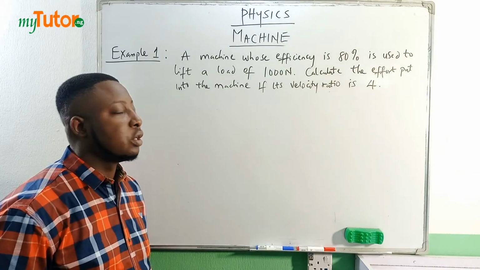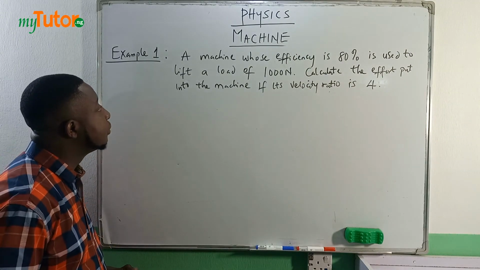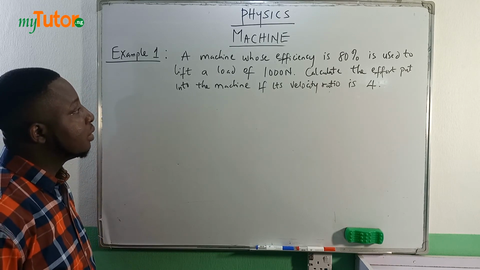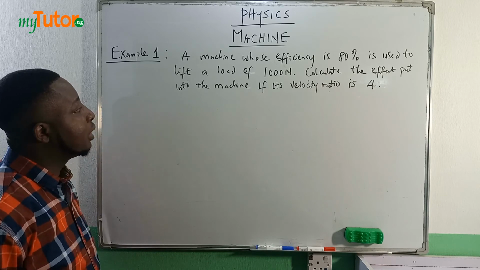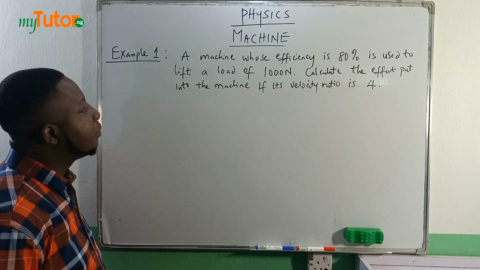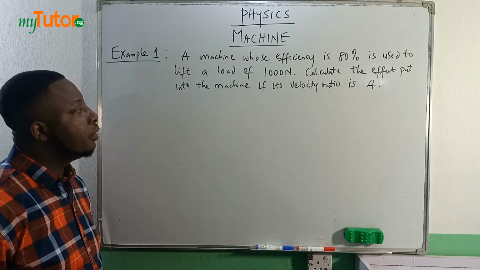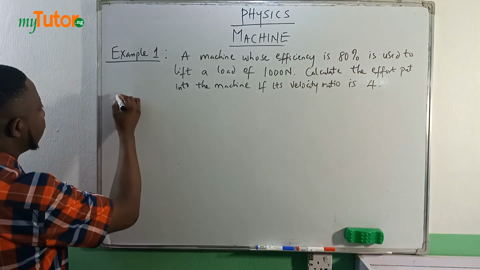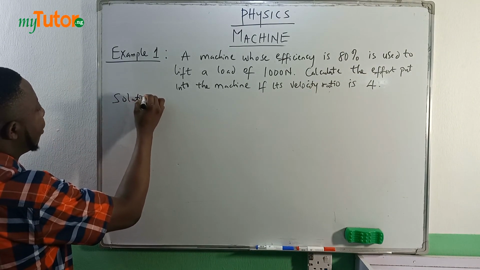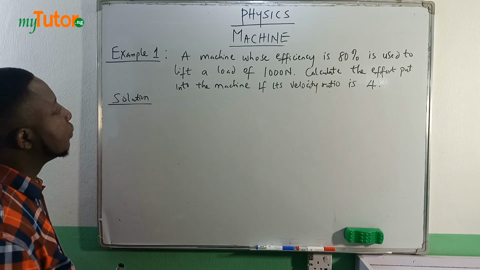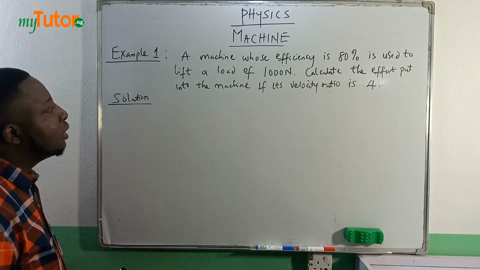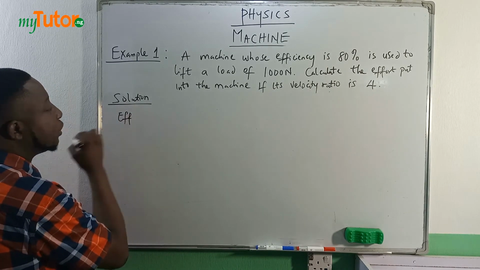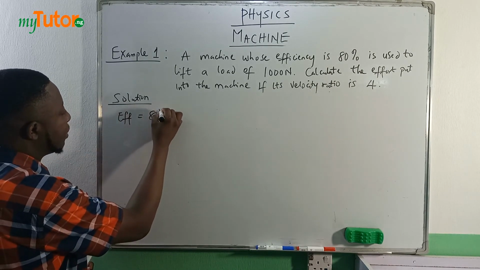So we're going to see some examples involving efficiency of a machine, mechanical advantage, and velocity ratio. We have a question on the board. The question says, a machine whose efficiency is 80% is used to lift a load of 1000 Newton. Calculate the effort put into the machine if its velocity ratio is 4. To solve this question, we will start by writing out the parameters that we are given. The efficiency is equal to 80%.